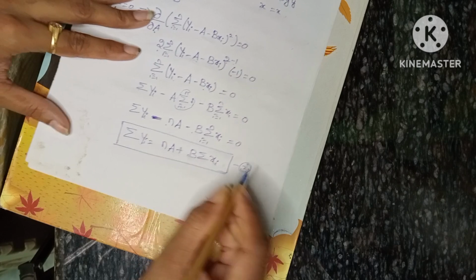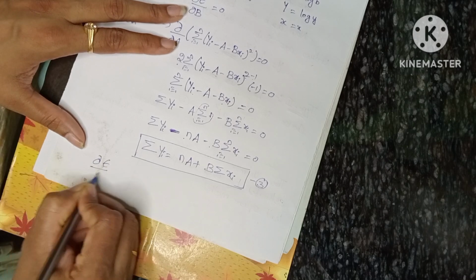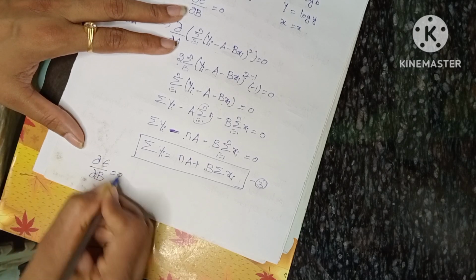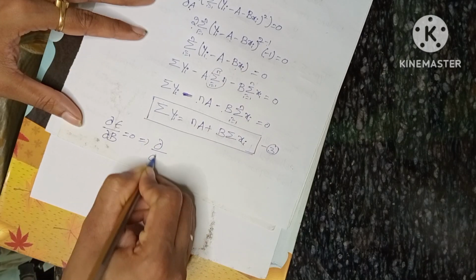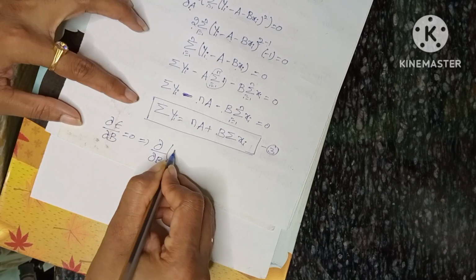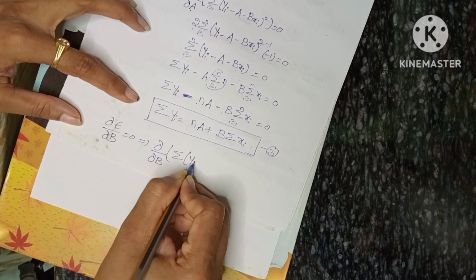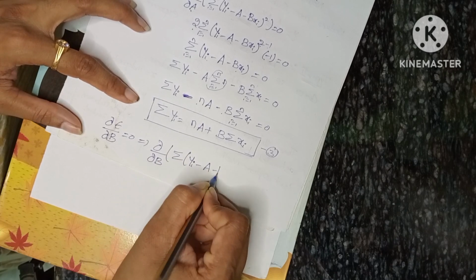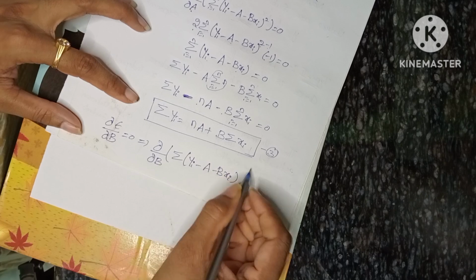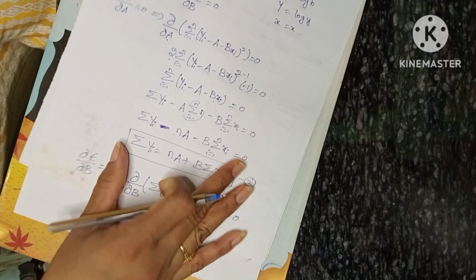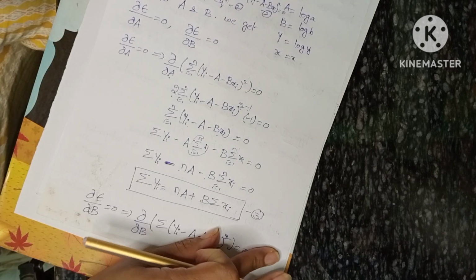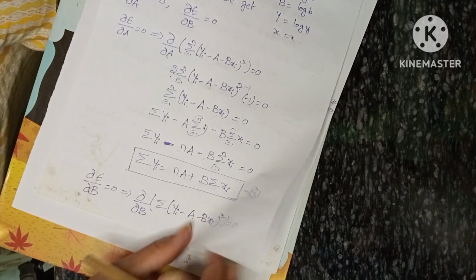So this is equation 3. Okay, now we have to take this second one. ∂E/∂b = 0. That implies ∂/∂b of E, which is summation (yi − a − b xi)² equals 0.